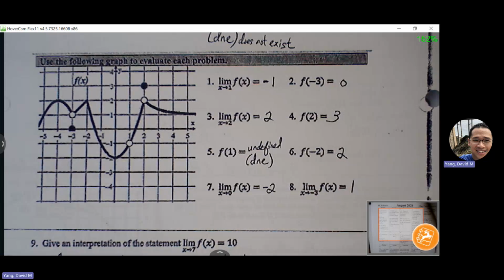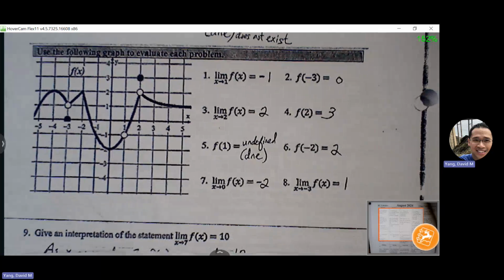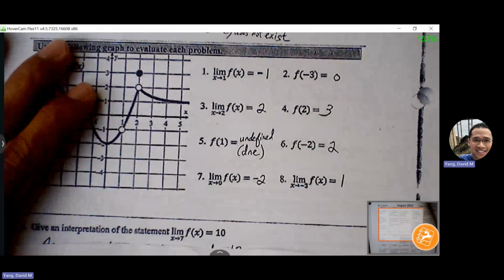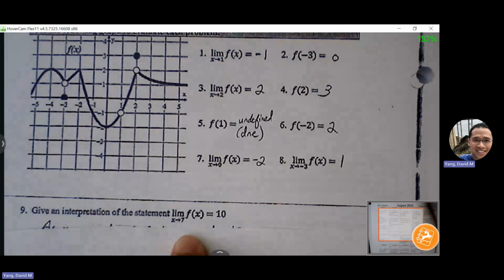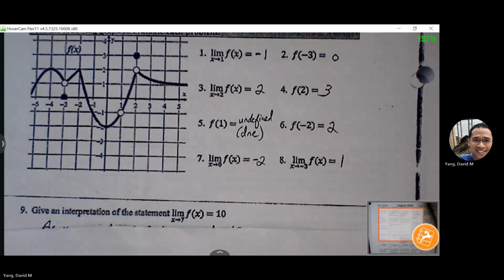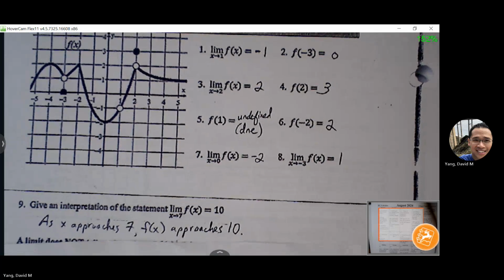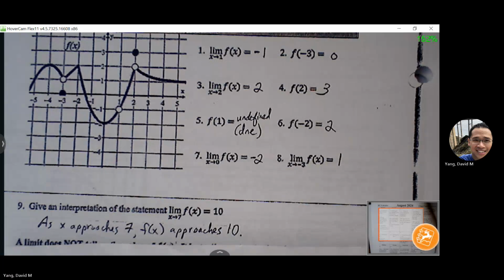Okay, number 9. Give an interpretation of the statement here. How would you say this? Okay.